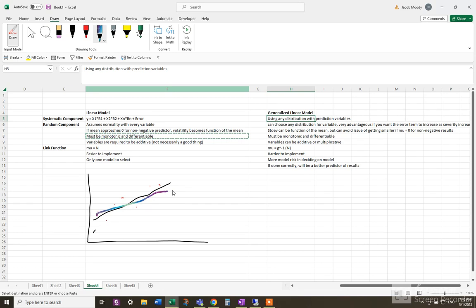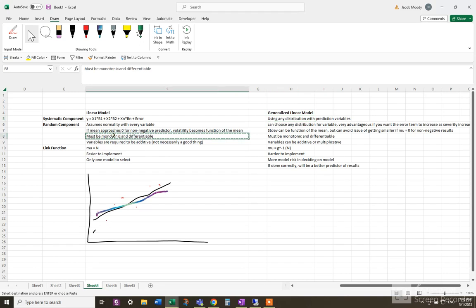You have less information about things that are more intense later on, so you recognize that you're going to have more variance there, such as a car crash. The more severe the car crash is, the more variance there is in the claim cost. So that's what it's saying. A gamma can be very beneficial, whereas the normal may not be as beneficial.